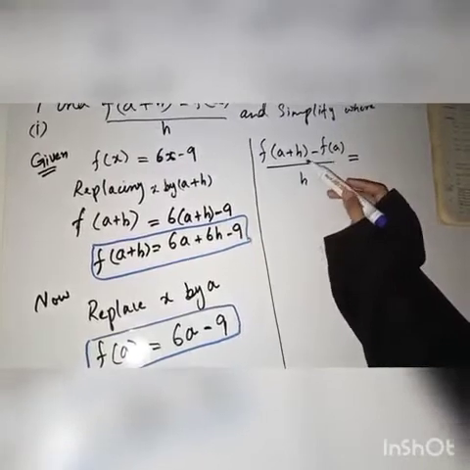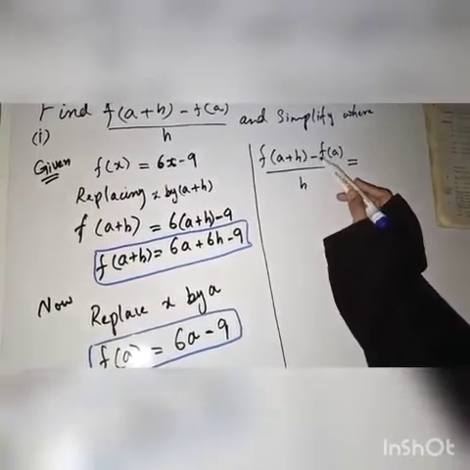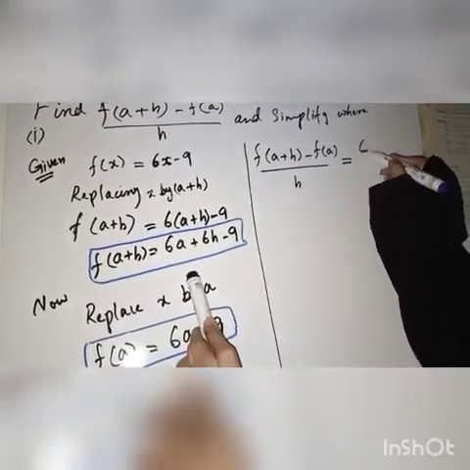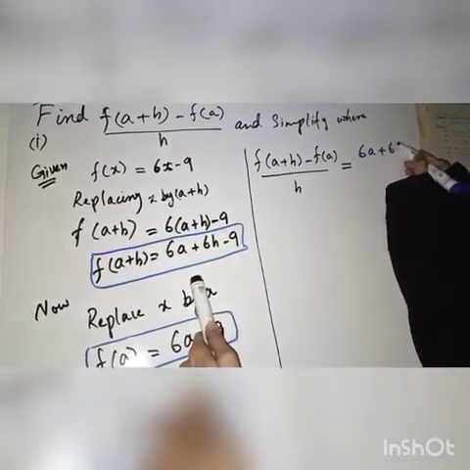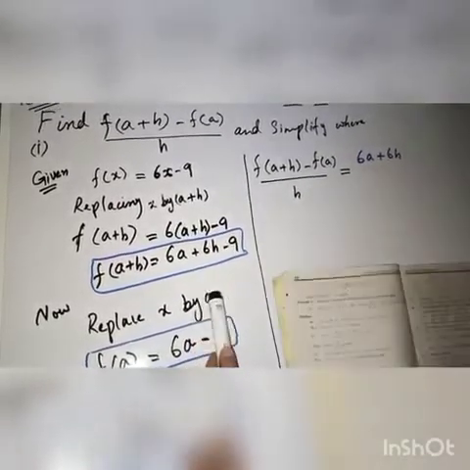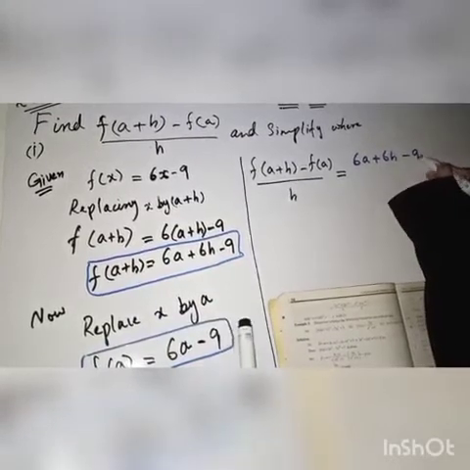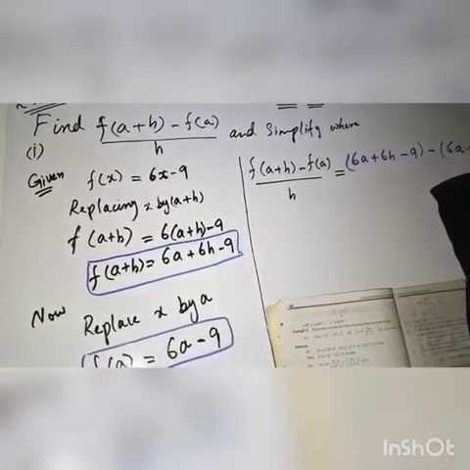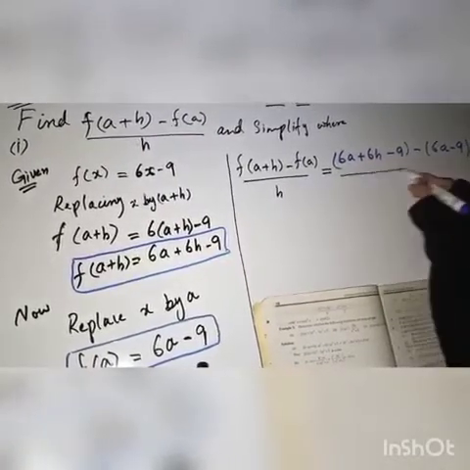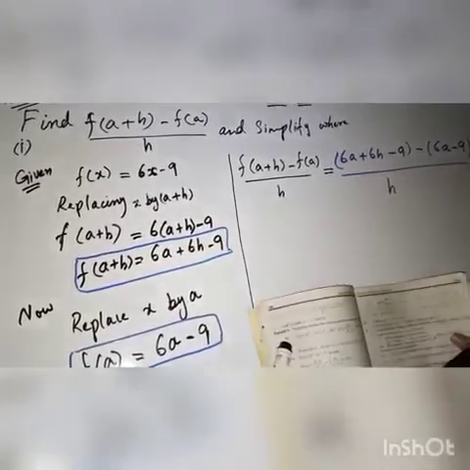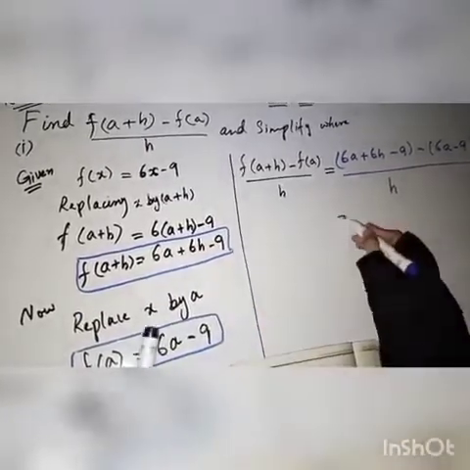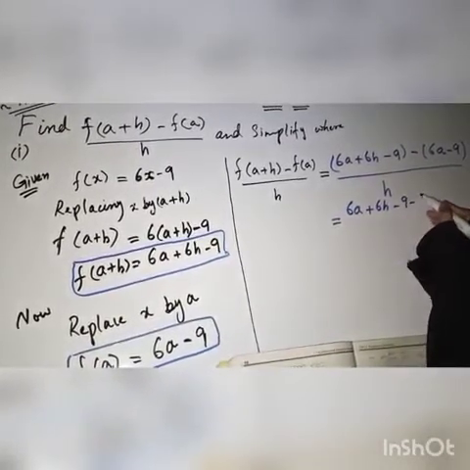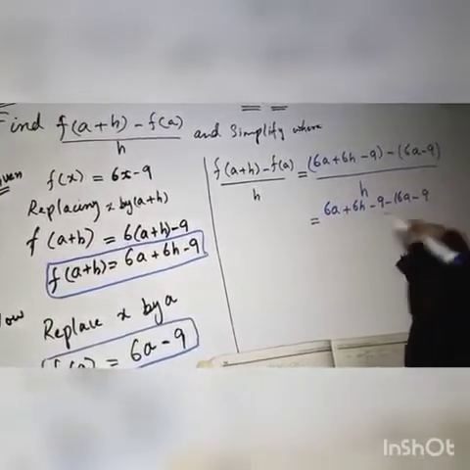Now our terms become, we have to find f of a plus h minus f of a over h. So f of a plus h value is 6a plus 6h minus 9, while f of a value is 6a minus 9, divided by h. So it becomes 6a plus 6h minus 9 minus 6a minus 9, divided by h.